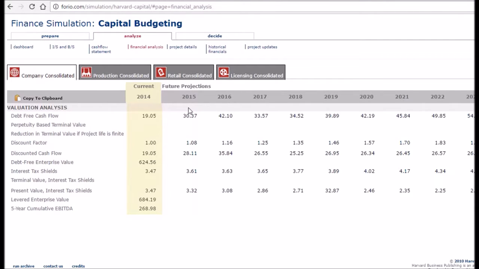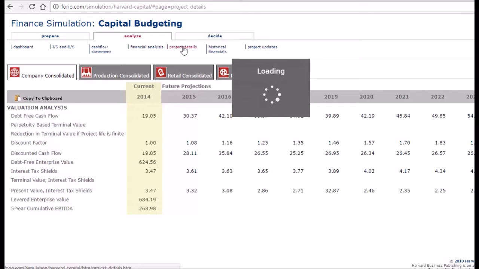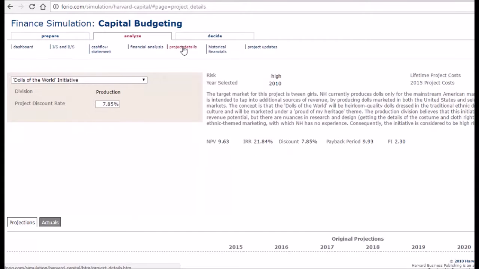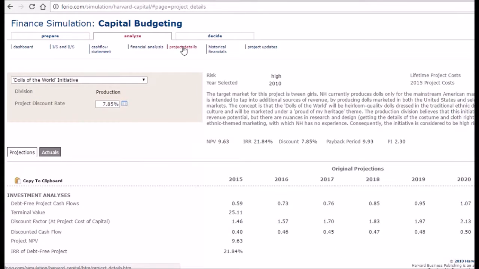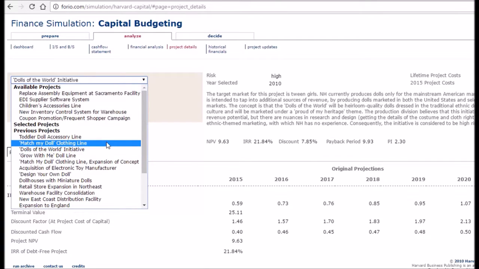I tried to pick a diverse set of projects, such as mutually exclusive, independent, and expansion projects. So I'm going to go ahead and go to my project details tab, and that's going to show you a little bit about each project that I chose.